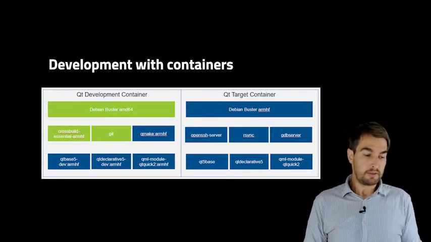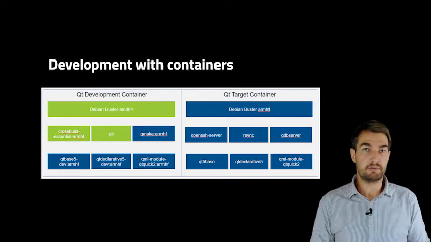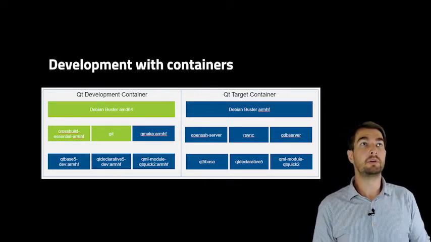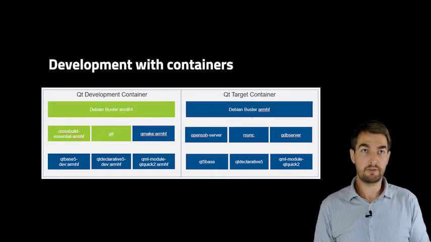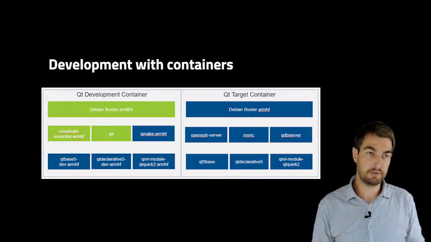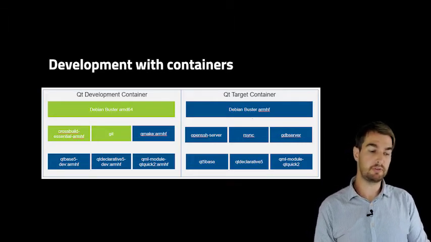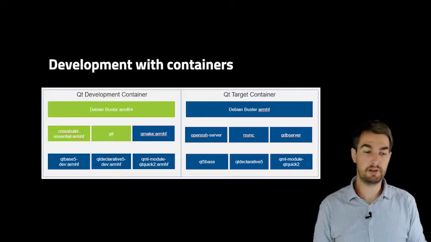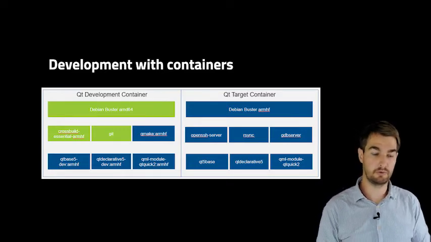The qmake is a little bit special in this example. You have to run the ARMHF qmake even on the AMD64 machine, because else it would generate makefiles for AMD64, which doesn't work.